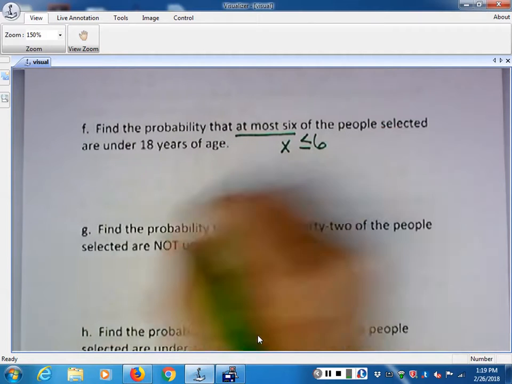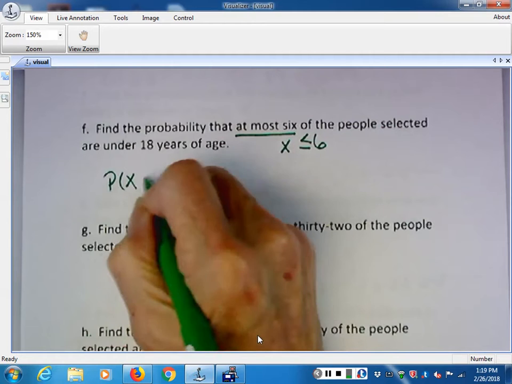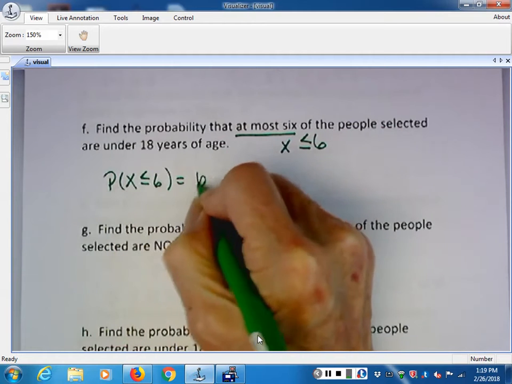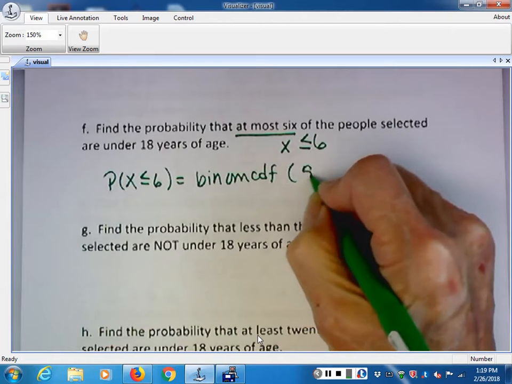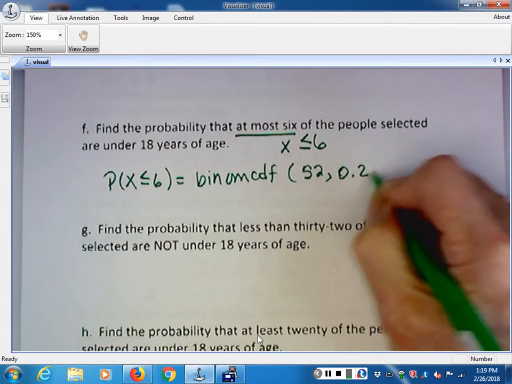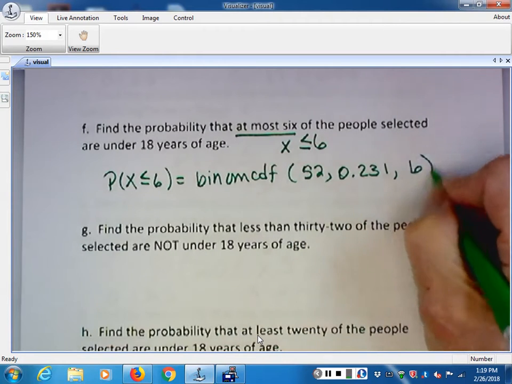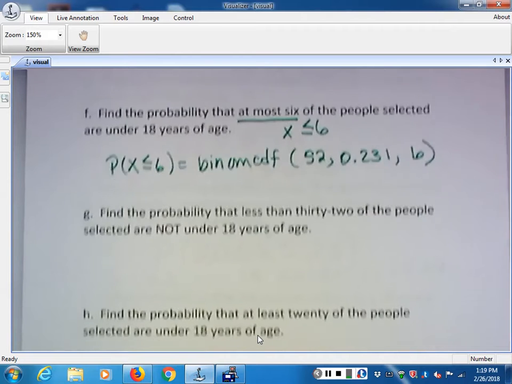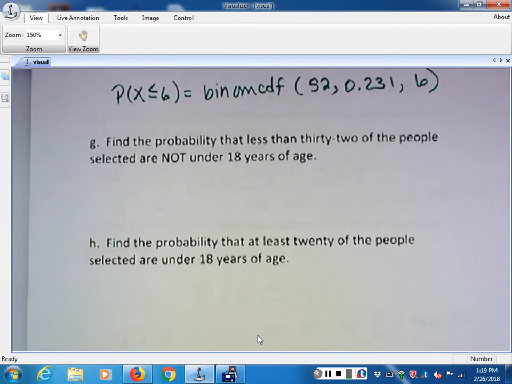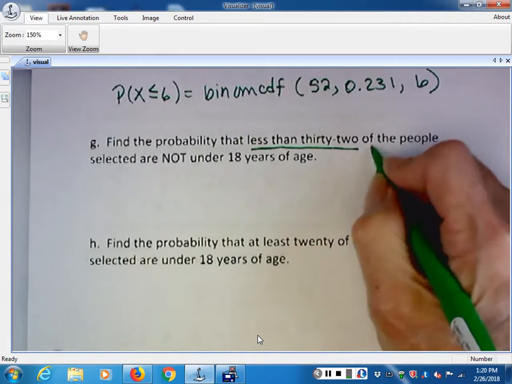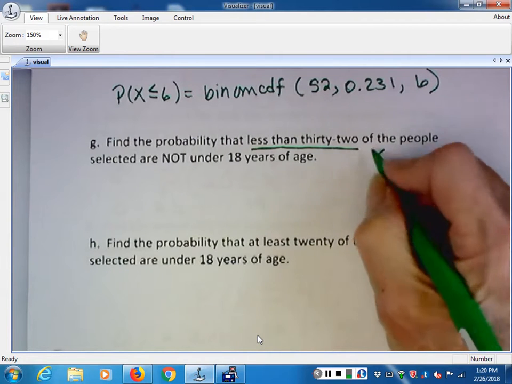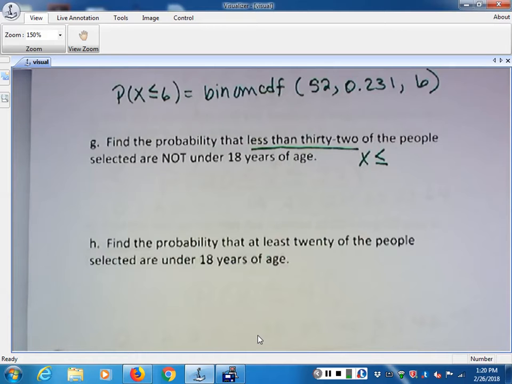Next, less than 32, that's going down. Is the 32 included? No. So that's equal to or less than 31.